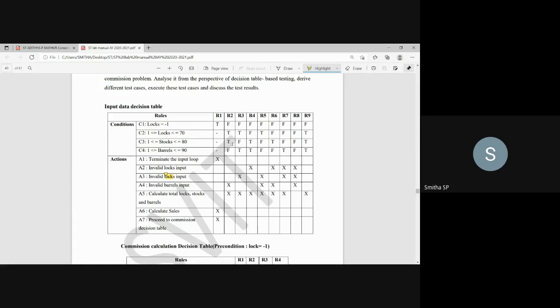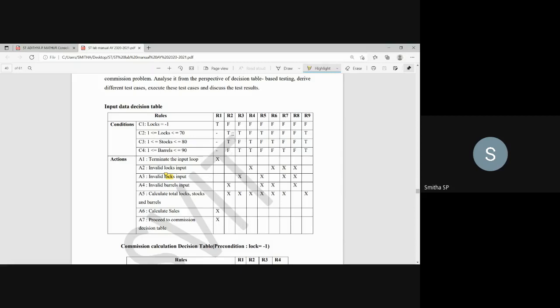If the production limit for logs is 70 and your value is within that, then the condition is satisfied. Then you go for the next condition, checking whether stocks is within the range 80. So this is also true. Then moving to the next condition, barrels: if the value is not within the production limit, that is, if the condition is failed over here, then what should be done?